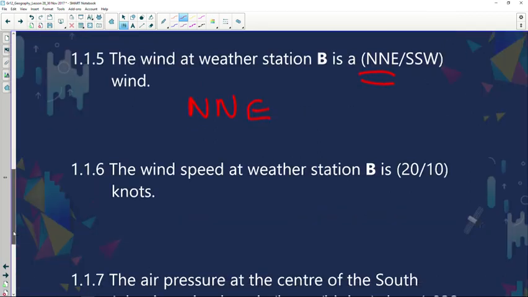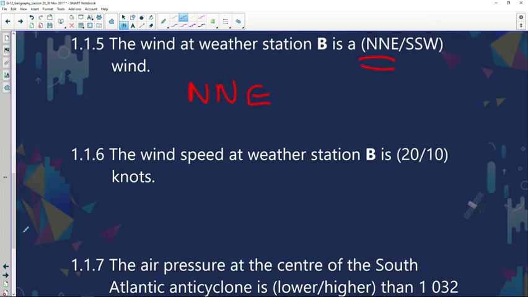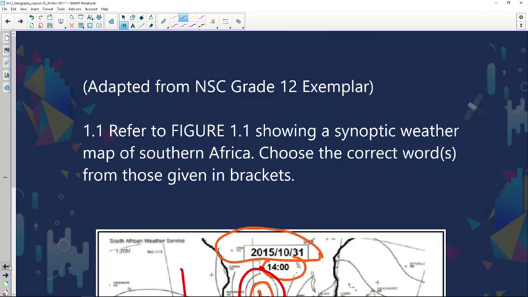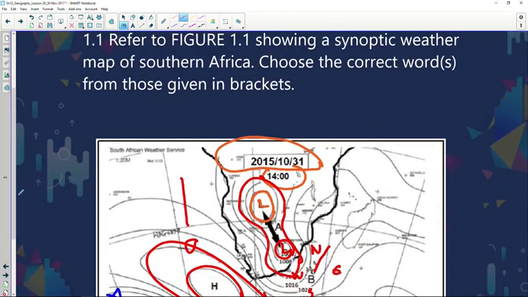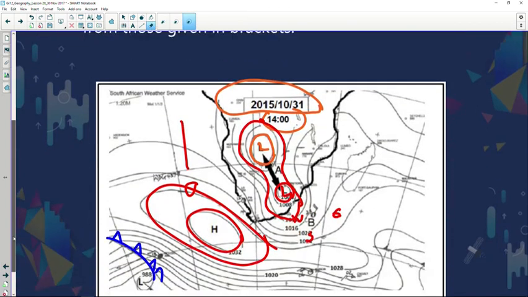If we look at the wind speed of weather station B, is it 20 or 10 knots? Looking at the weather station over there, that looks like 20 knots to me, because if I redraw that weather station, it looks something similar to this.